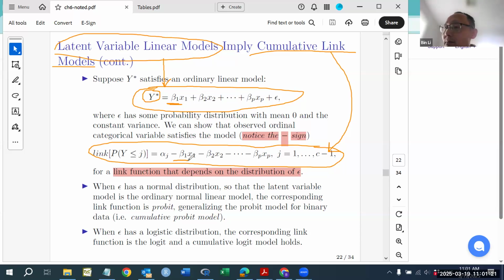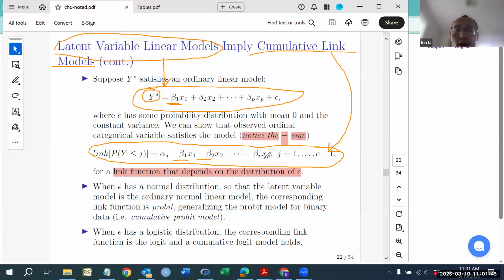You see that? For beta 2, in the latent variable model it's beta 2, but for the cumulative logit it's negative beta 2, and so on. So you have to be careful. These two models are not exactly the same.